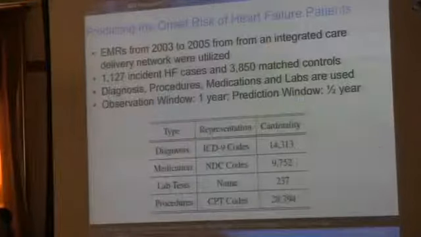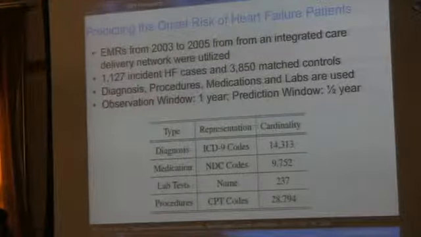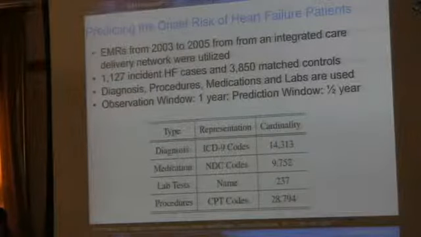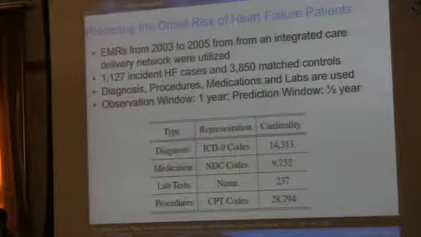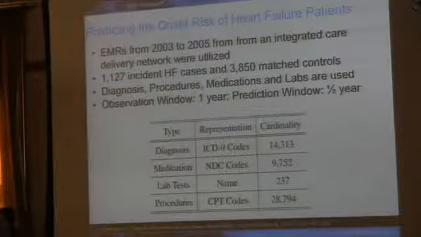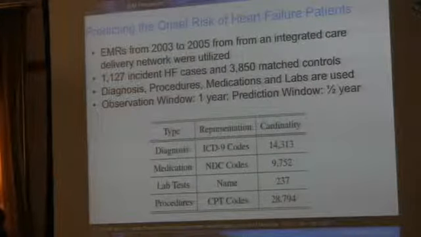We evaluate them in the concrete task of predicting the onset risk of heart failure. In our data set, we have the EMR of patients from 2003 to 2005 from an integrated care delivery network.